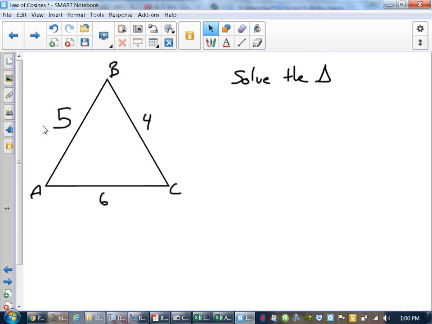The only rule that I can tell you about law of cosines that you need to know for right now is that if you have to find an angle, the side case, you have to find the largest angle first.